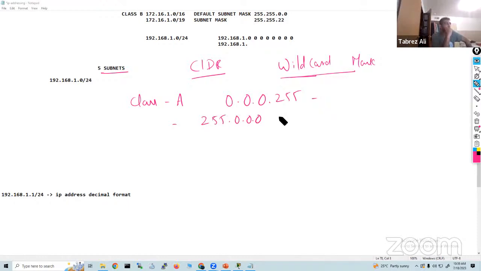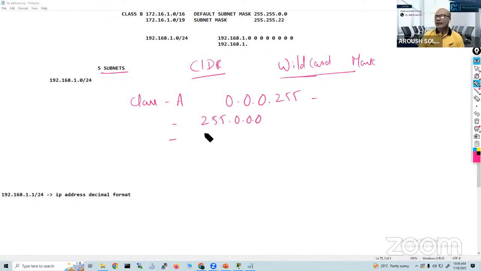Right. So when you do the subtraction for this, example 255.0.0.0, this is the default one, right?